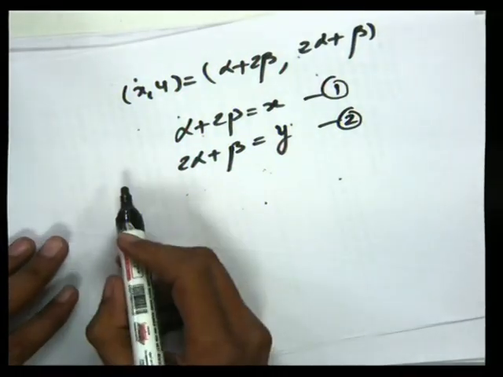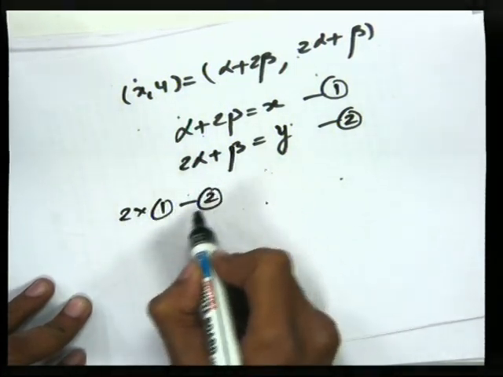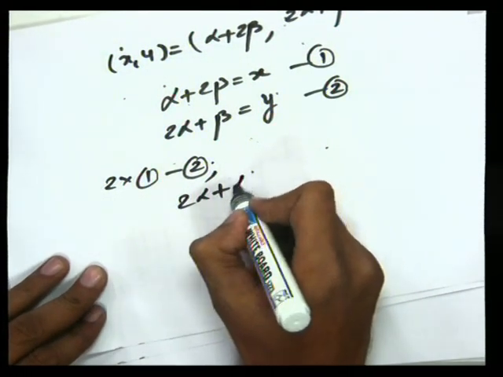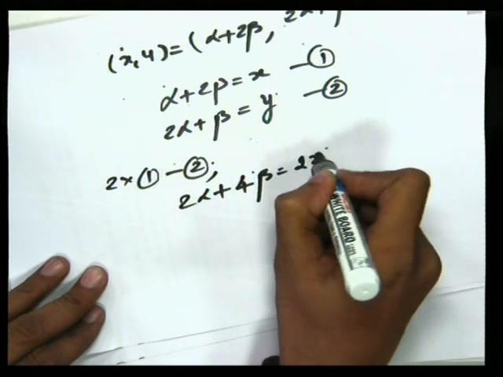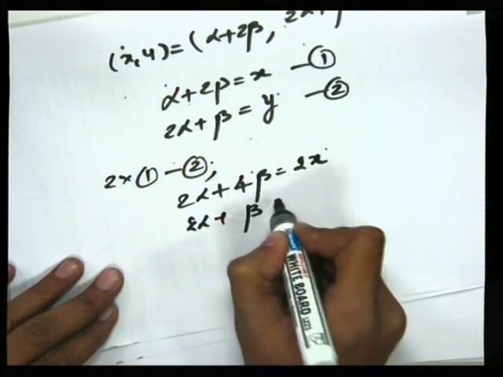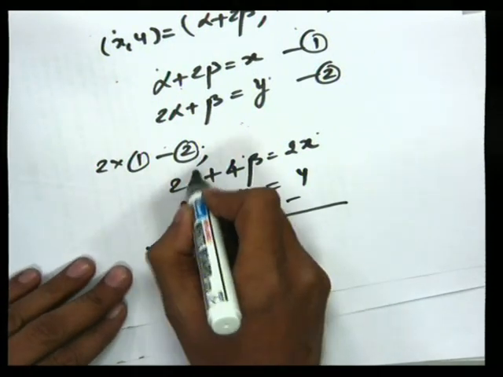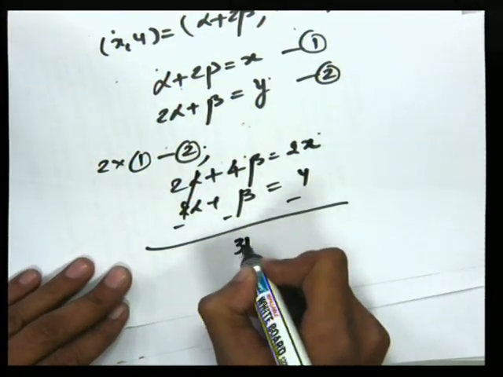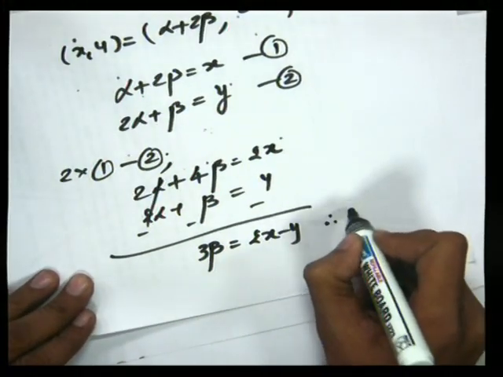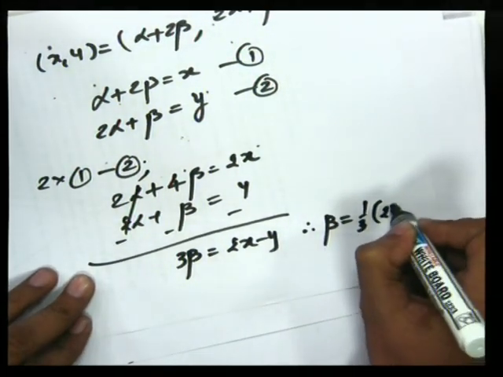So if we take 2 times equation 1 minus equation 2, then we get 2 alpha plus 4 beta is equal to 2x, and we have equation 2 alpha plus beta is equal to y. We have to subtract these, so alpha cancels, and we get 3 beta equal to 2x minus y, that is, beta is equal to 1 by 3 times 2x minus y.